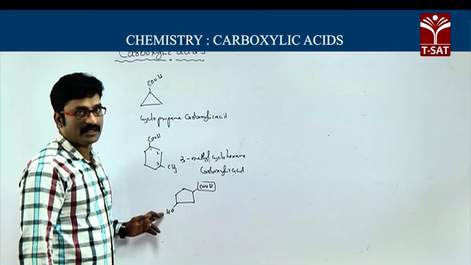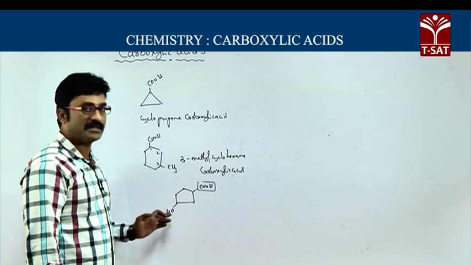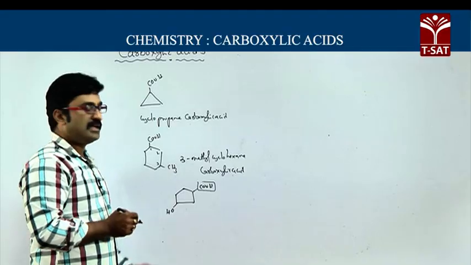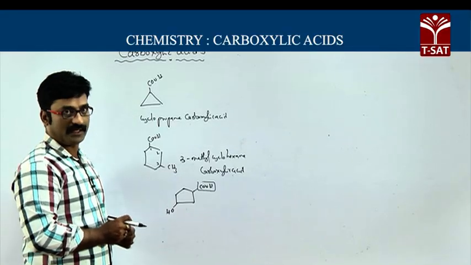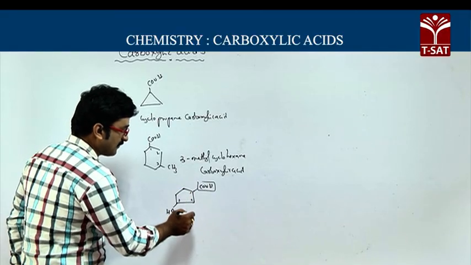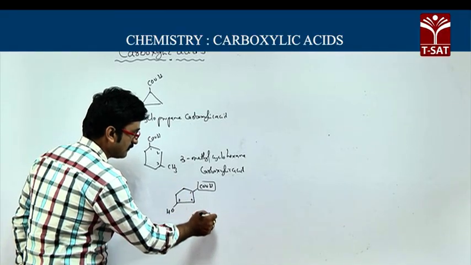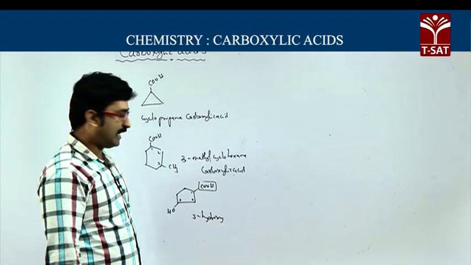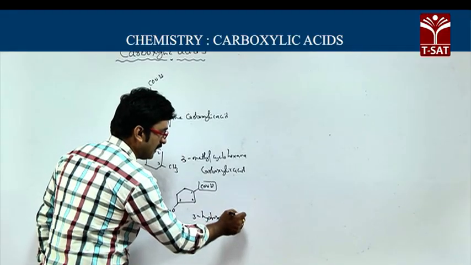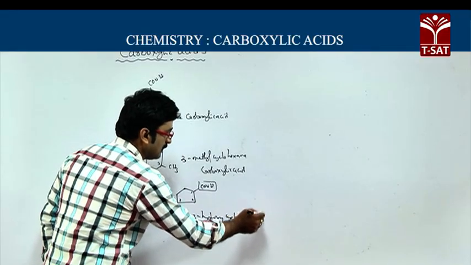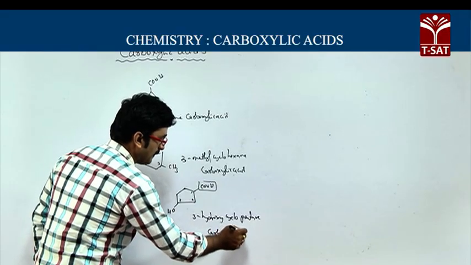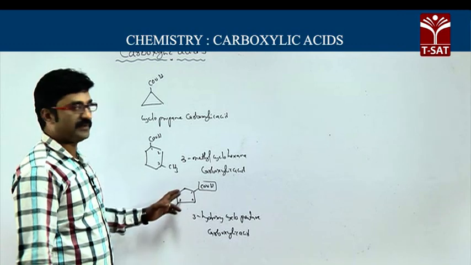When it is not considered as a principal functional group, it should be considered as a side chain or substituent. So when the alcohol is considered as a side chain, its name should be written as hydroxy. Numbering should be given like this: 1, 2, 3. Therefore, 3-hydroxy cyclopentane carboxylic acid. This is the IUPAC name of this compound.